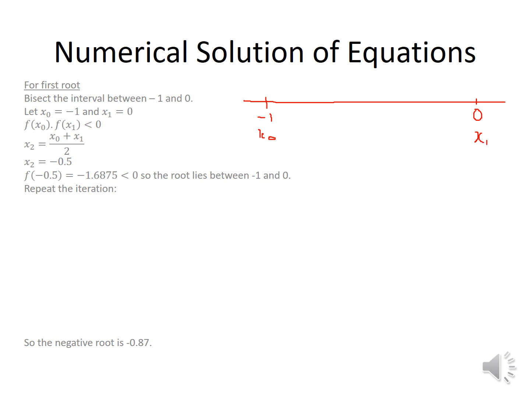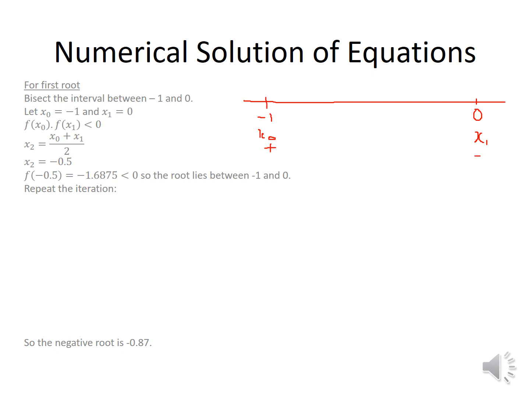And from our table, f(-1) is a positive value, it's positive 1. And f(x1) is negative 2, it's a negative value.